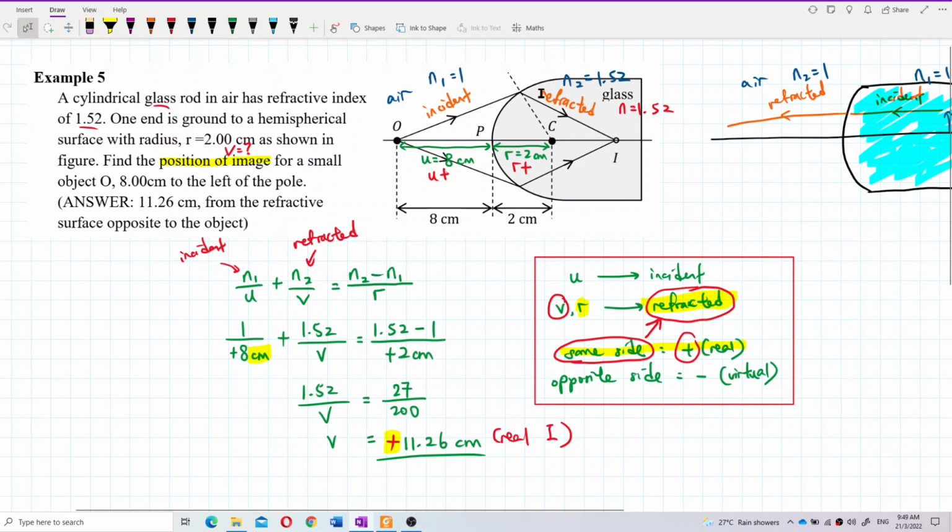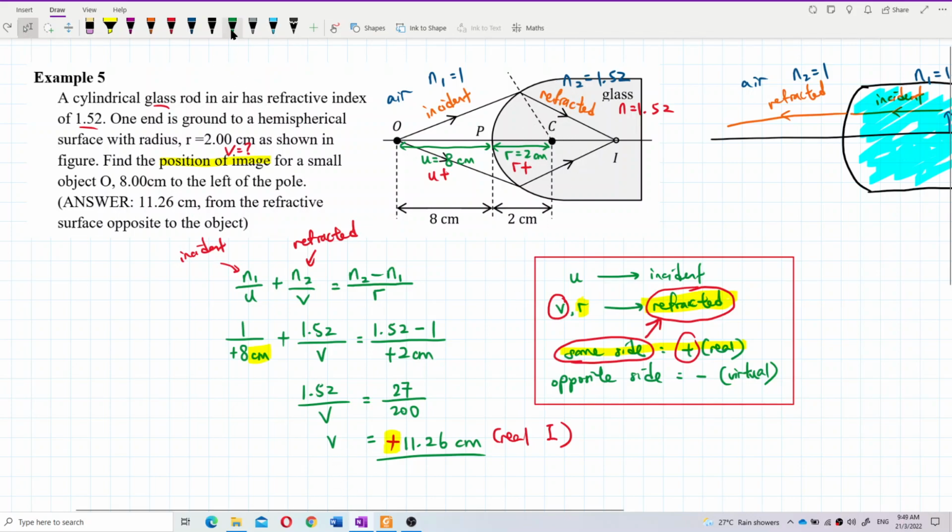The refracted ray is over the right hand side. So the image should be on the same side as the refracted ray, over here, because we get V positive. So the image should be formed over here.